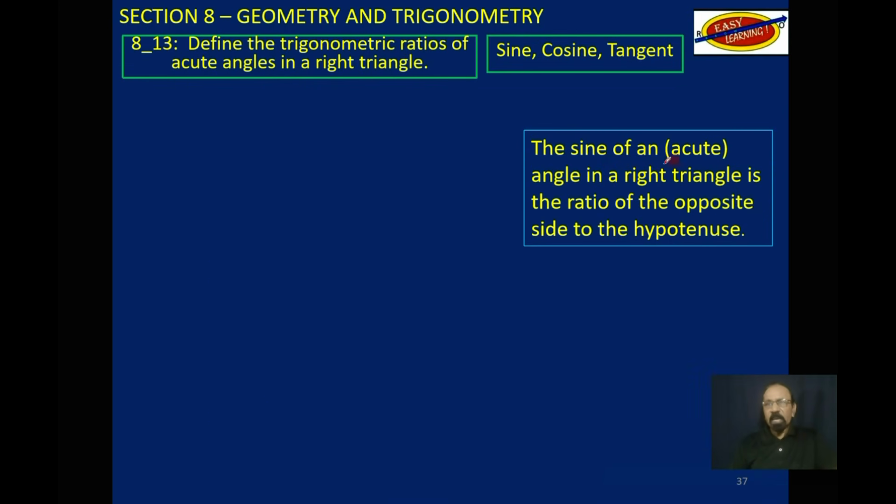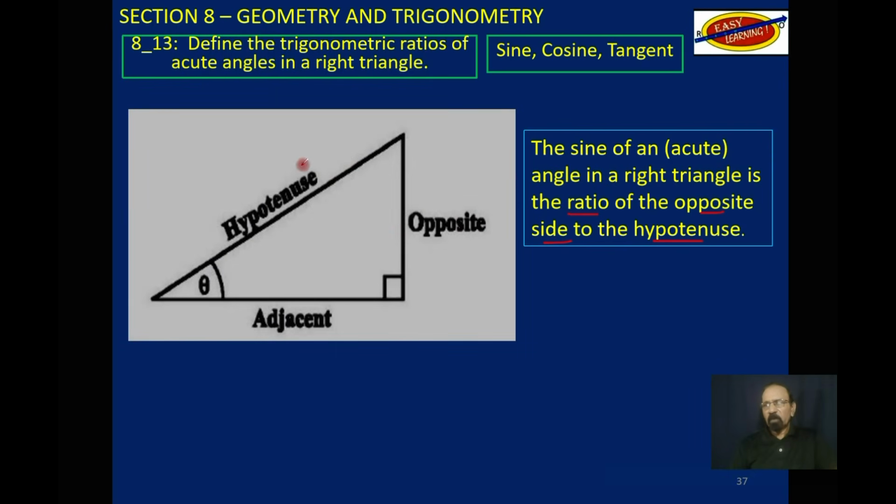So now let's deal with the sine. Now notice I put acute here in bracket. The sine of an acute angle in a right triangle is the ratio of the opposite side to the hypotenuse of the triangle. So if you look at this triangle here, if we are dealing with this angle here, this side is the opposite, and this side is the adjacent.